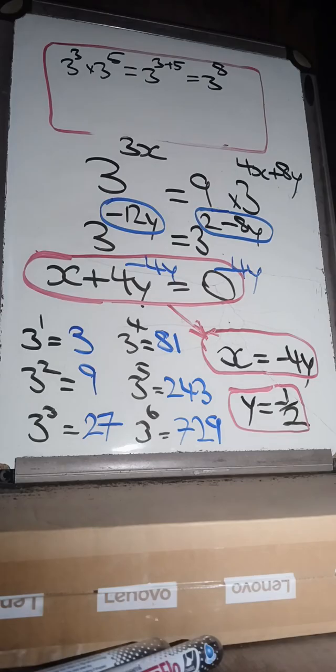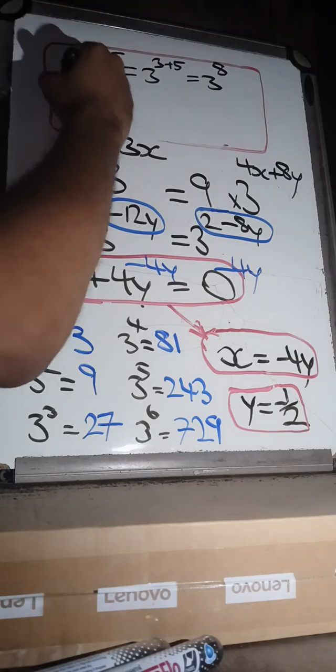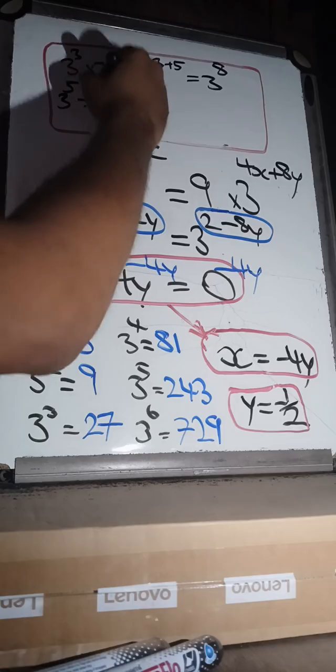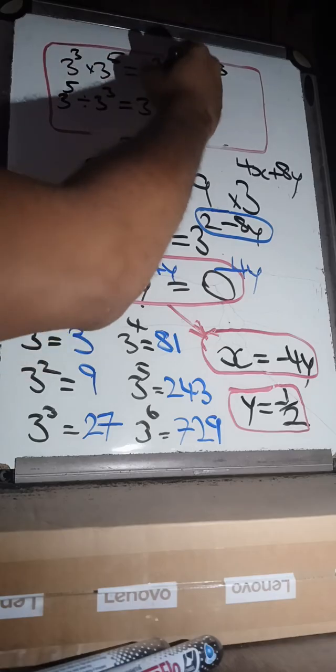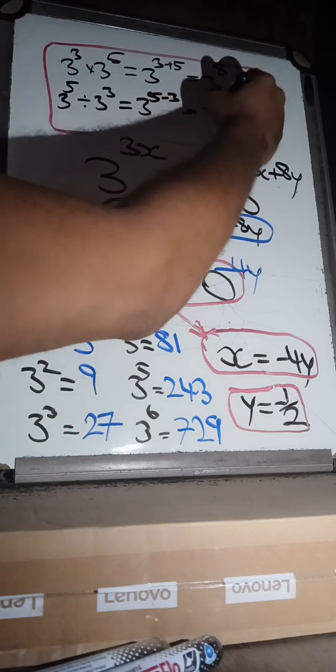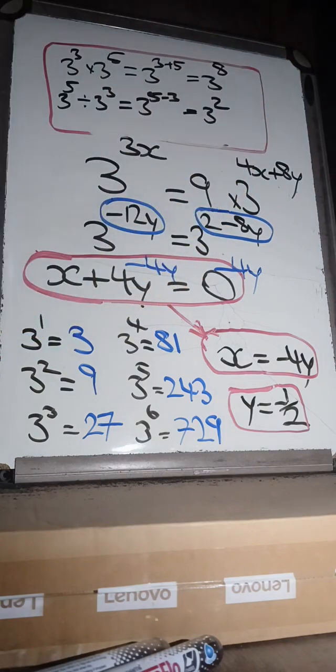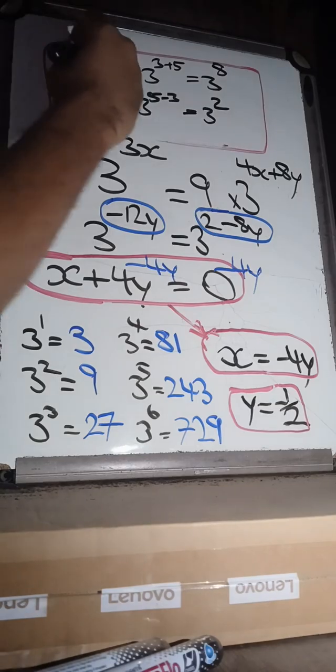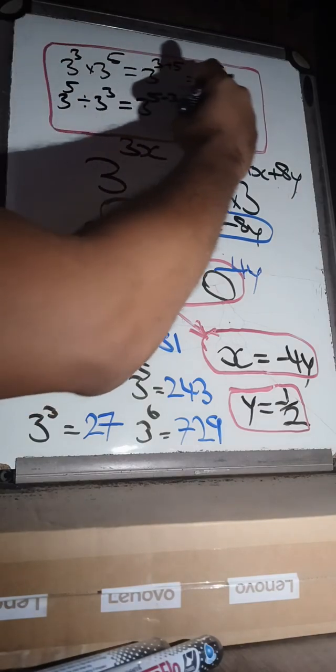So that's a multiplying rule. The dividing rule is that, right? So it's just an inverse.